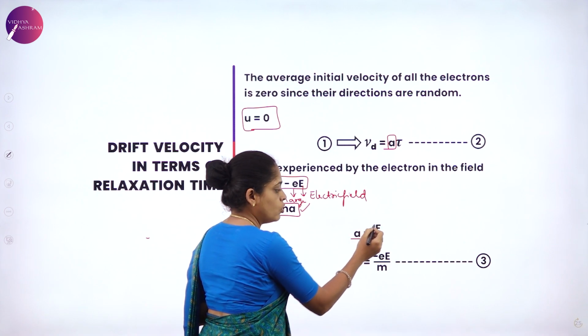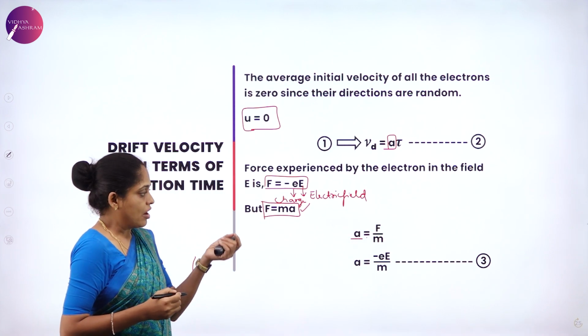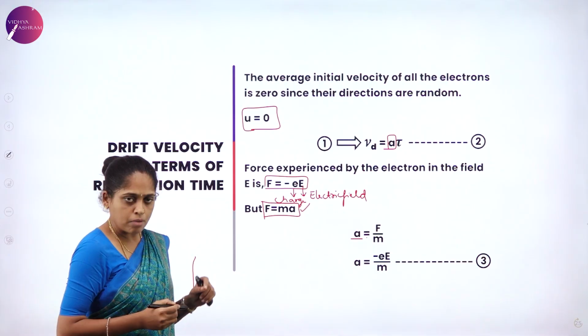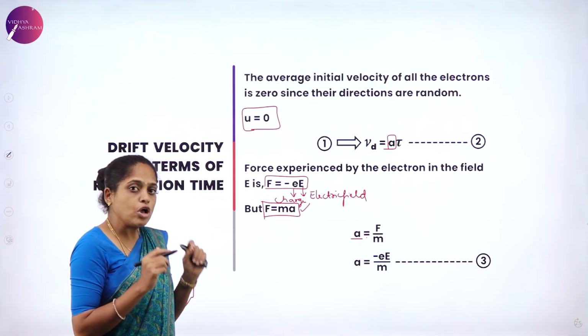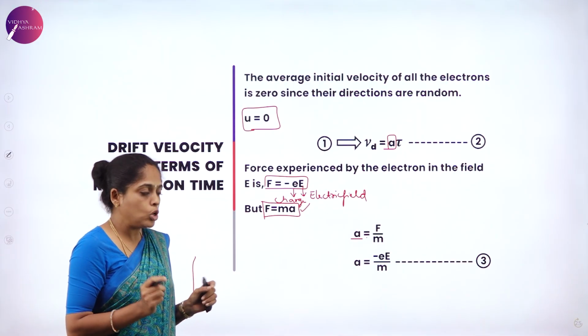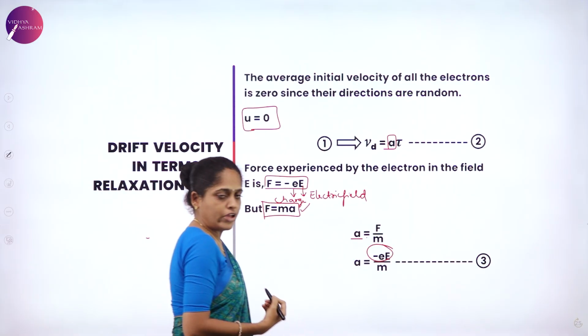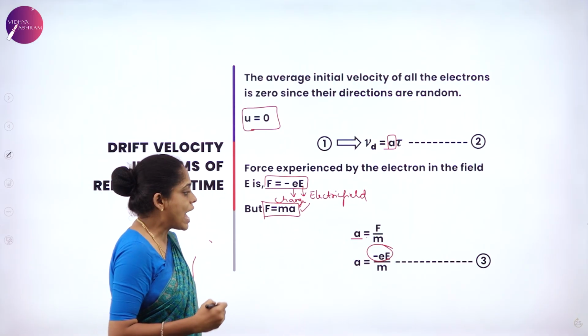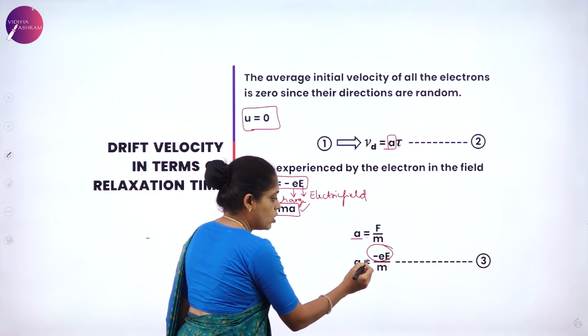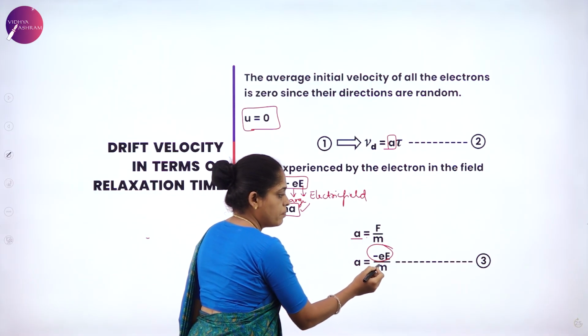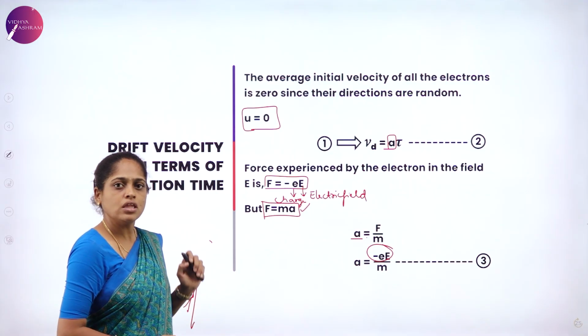a is equal to F by m, and we have the F in terms of electric field because the conductor is connected to a battery. So let us express the force in terms of electric field. Then we have the acceleration is equal to minus eE by m. This is equation 3.